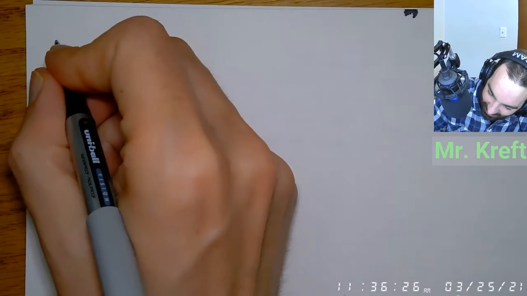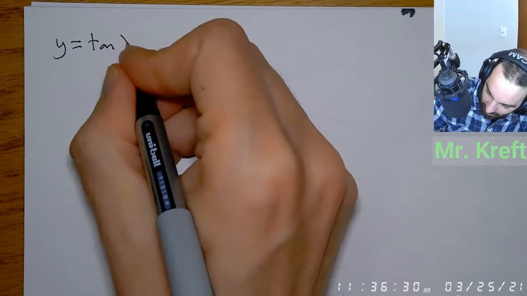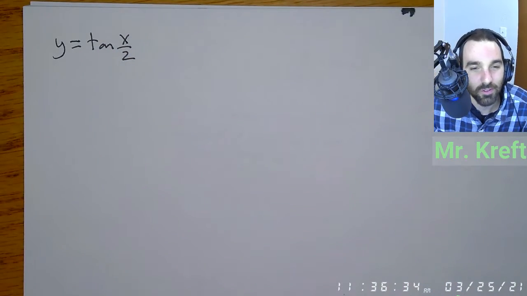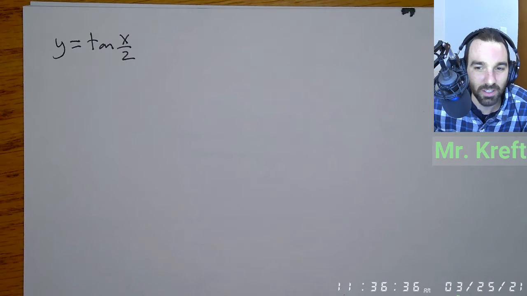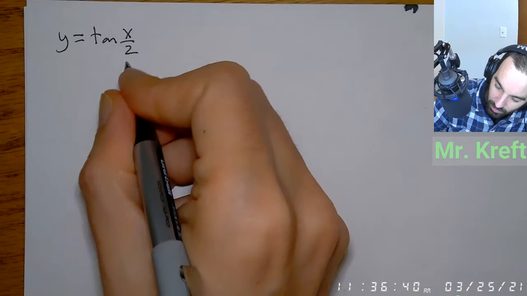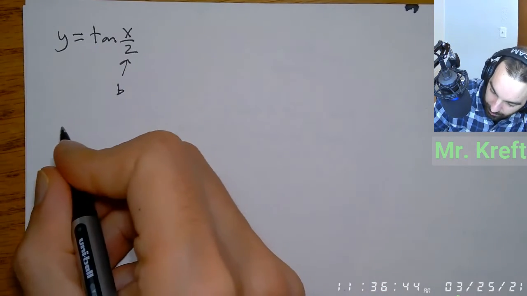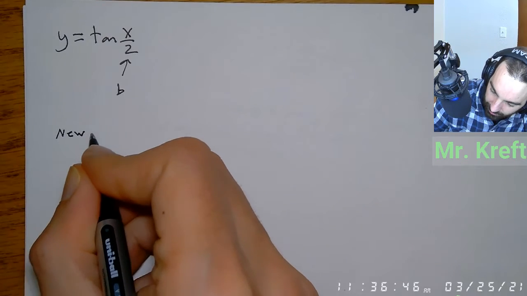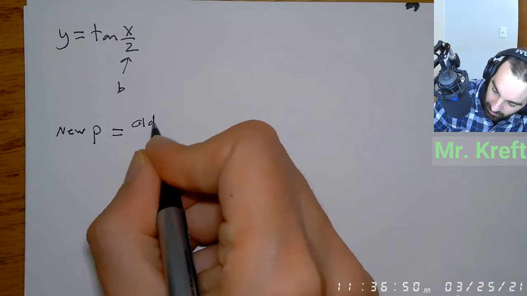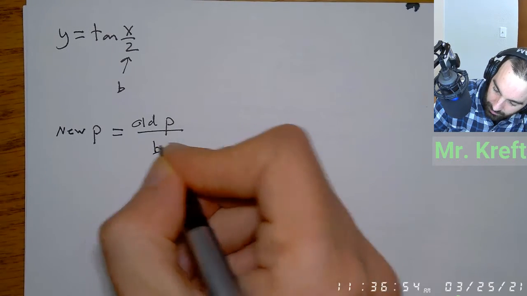It's so weird. All right, so I'm going to have y equals tangent of x over 2. Remember, transformations work the same way regardless of what the parent function is. So in this case, this is my b. My new period equals my old period over b.